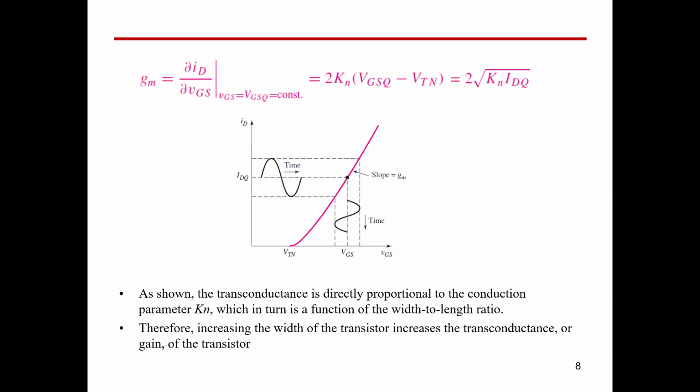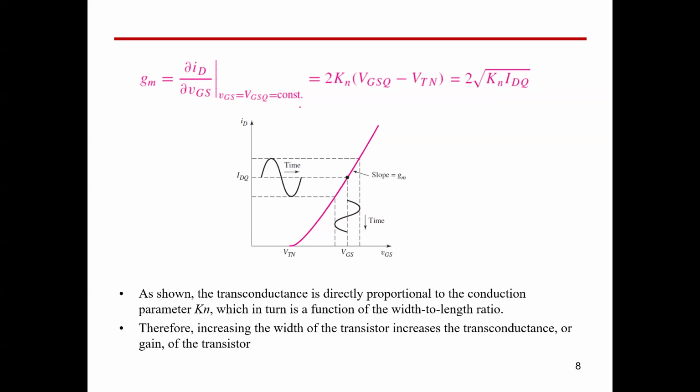So again, the transconductance is nothing but partial ID of the overall instantaneous curve by partial VGS, at a certain condition, which is VGS equals VGSQ equals constant.